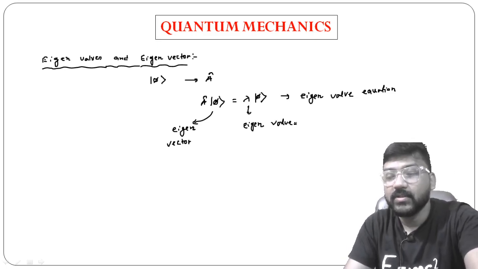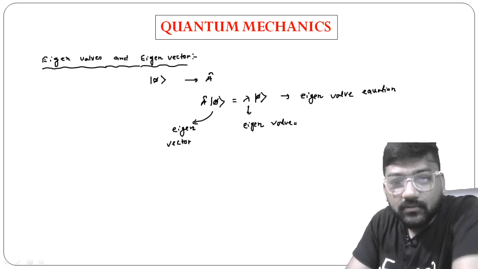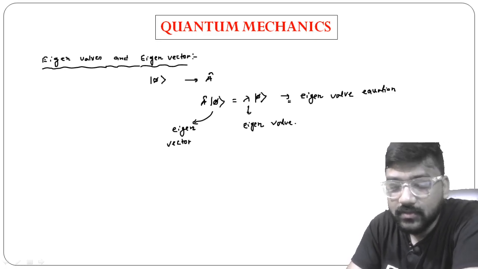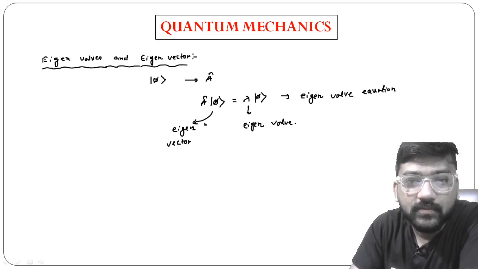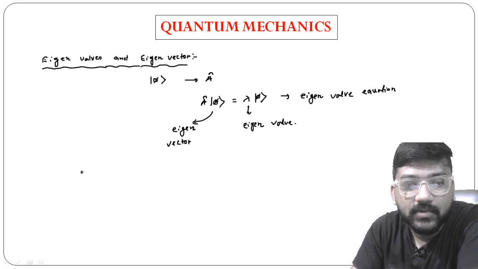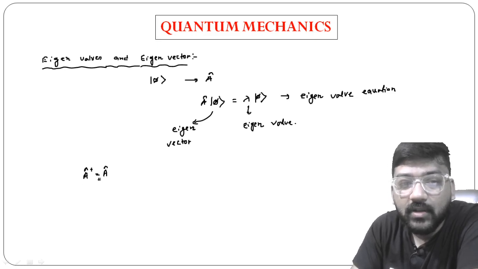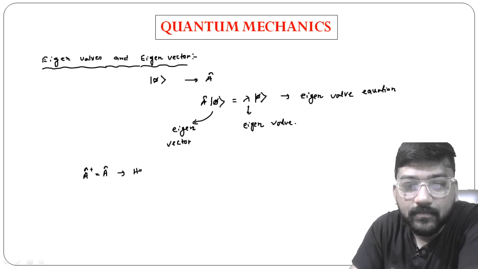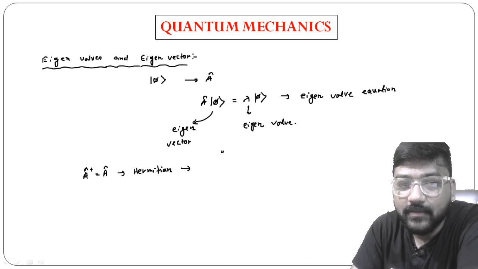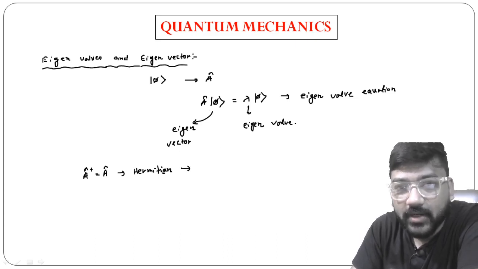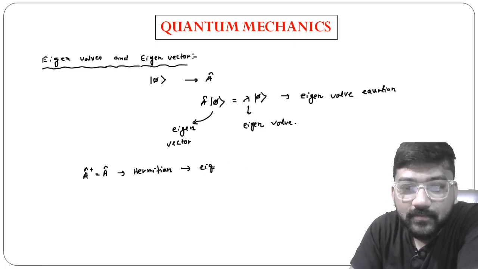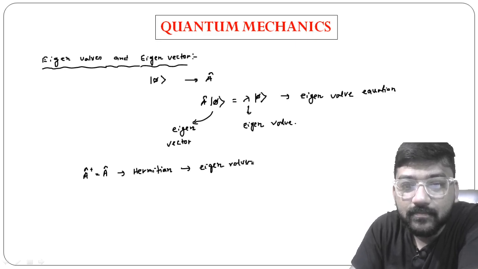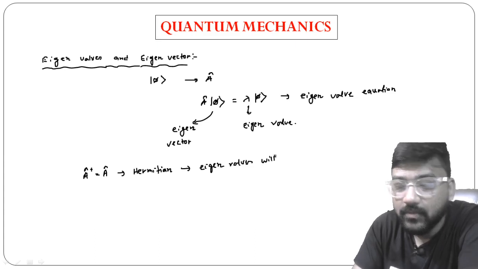So this is a very important thing that you need to know. Now, one thing you should remember: suppose this A cap is Hermitian, that means A dagger is equal to A. Then the eigenvalues corresponding to this operator must be real numbers.